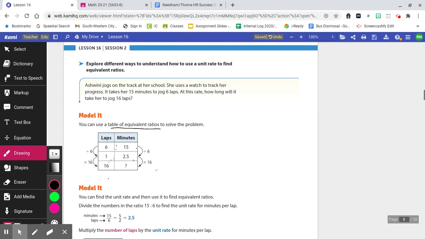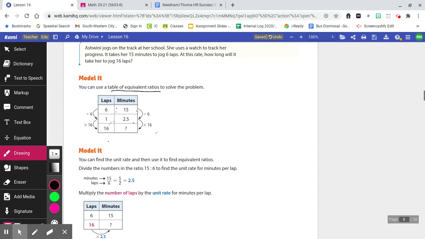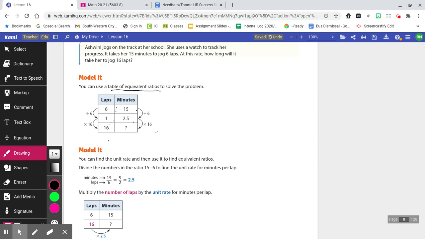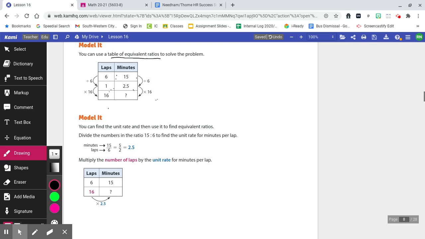The other model, you can divide the numbers in the ratio. 15 divided by 6 is the same as 5 to 2, which is the same as 2.5. Multiply the number of laps by the unit rate for the minutes per lap. Finding the unit rate is the secret to finding any equivalent ratio. Makes it really easy once you find the unit rate to move on to the other ratios.